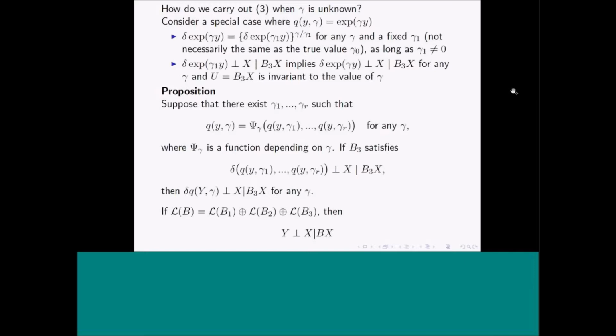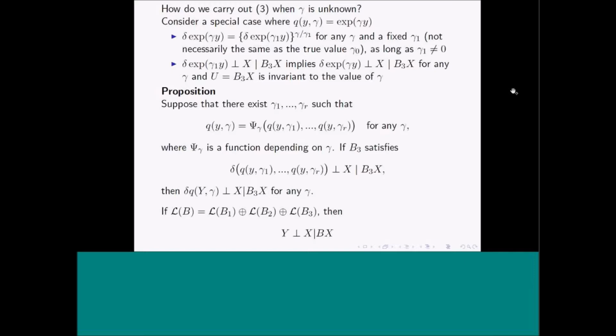If that is the case, what I can do is fix a value gamma 1. That fixed value is not necessarily the true value. The true value is gamma 0, which is unknown. So I fix gamma 1, then any gamma can be expressed as a function involving gamma 1.